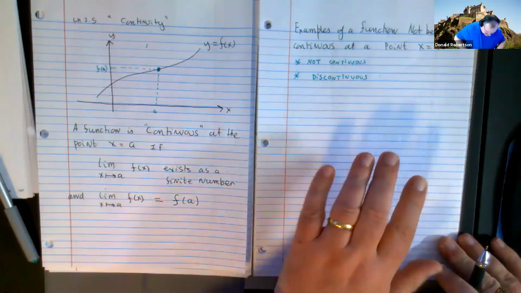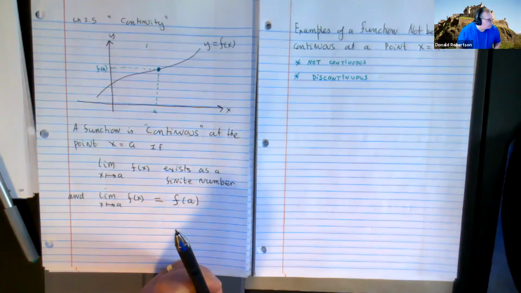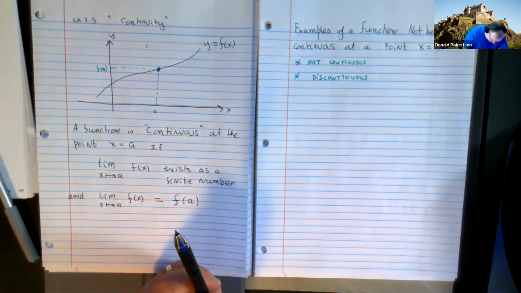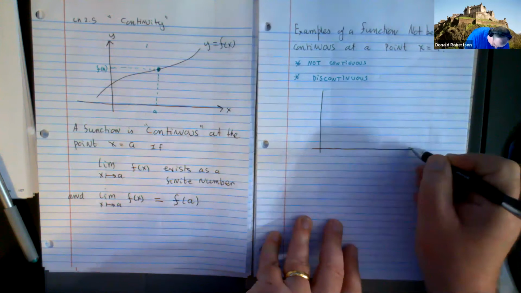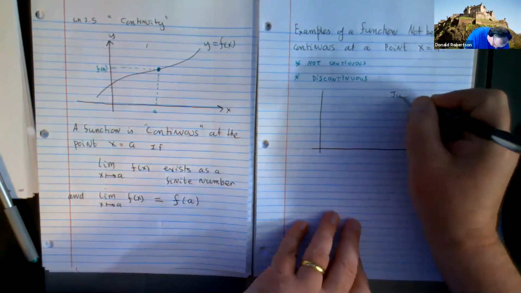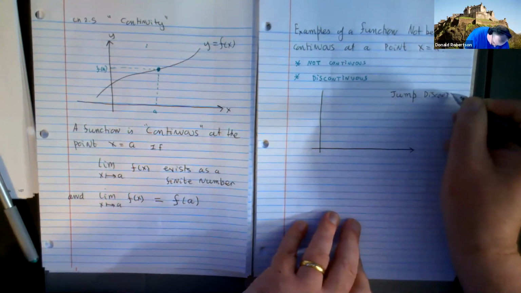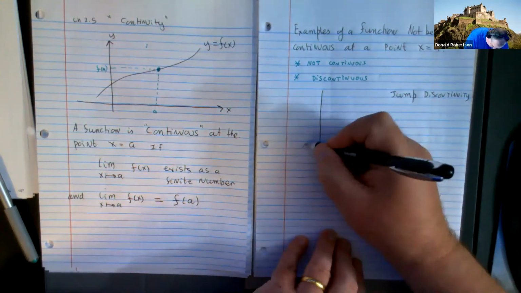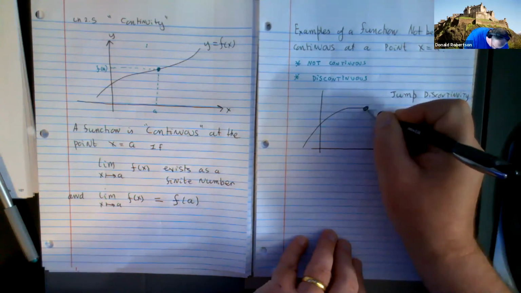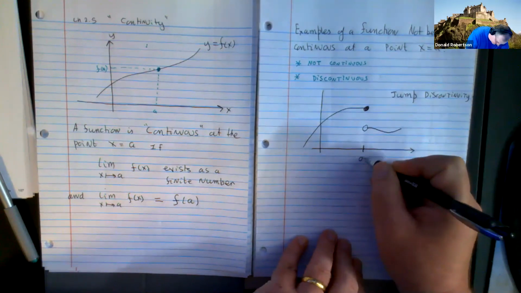Okay, so there are a number of different kinds of discontinuity. I guess I'll use that phrase, of a function being discontinuous. So let me show you some of them. This one is called a jump discontinuity, and let's just say it's at x equals a.